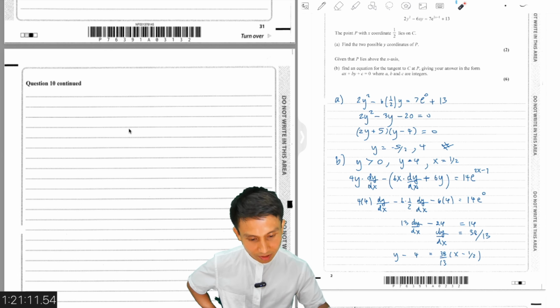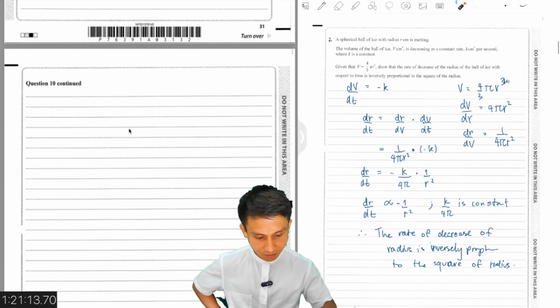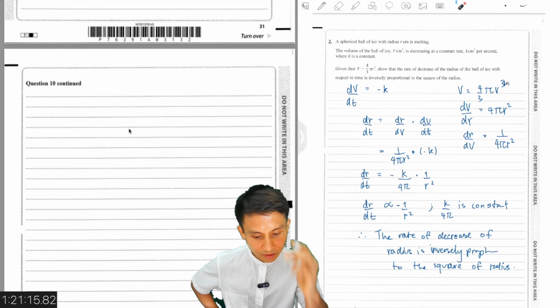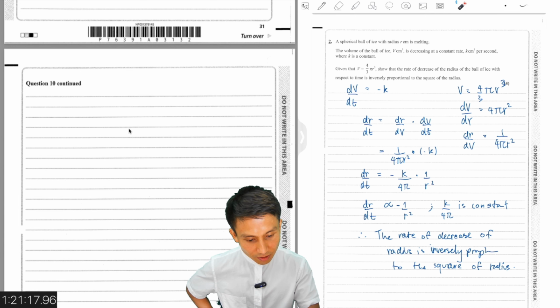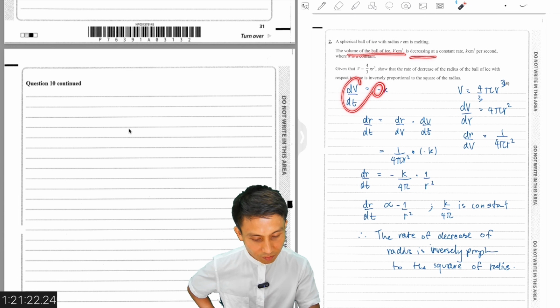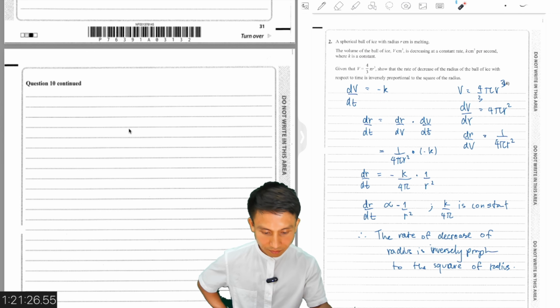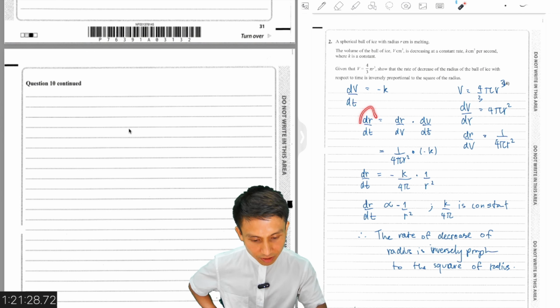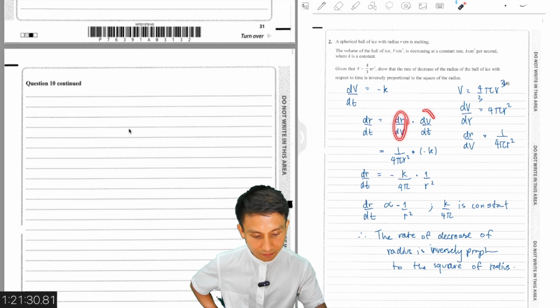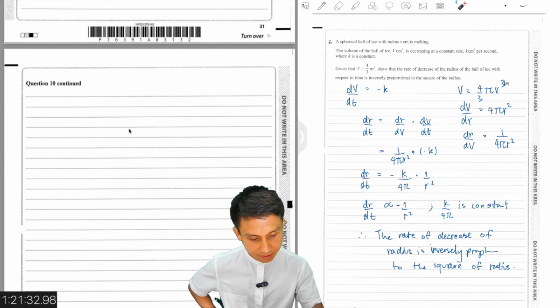Maybe I'm going to check the ones that I didn't before. So like this one here. The rate of decrease of the radius. Okay, volume of the ball is decreasing. That's why I put a negative at the constant rate k. And then we do a chain rule. dr by dt is dr by dv times dv by dt. So that's a negative k still.